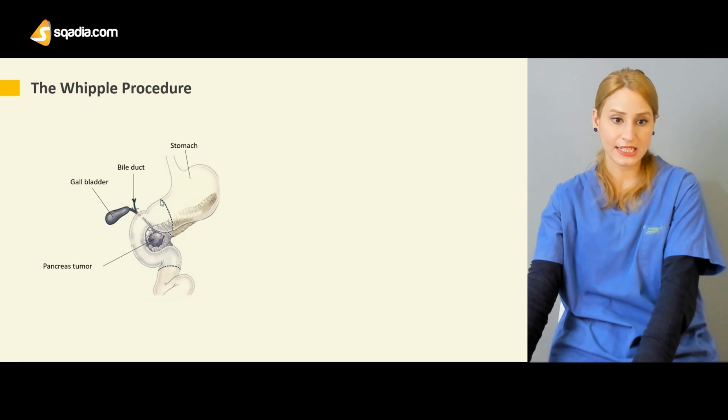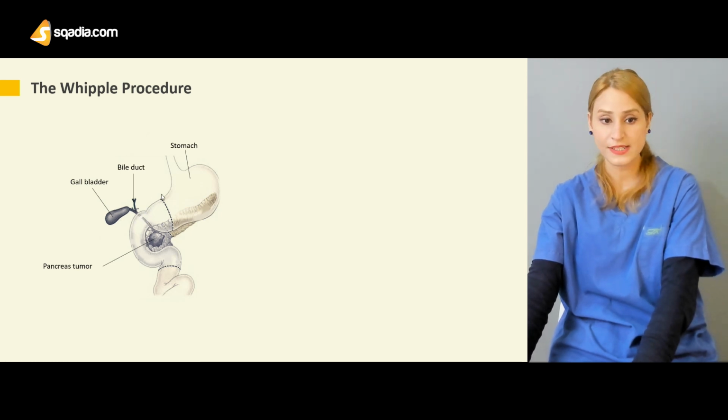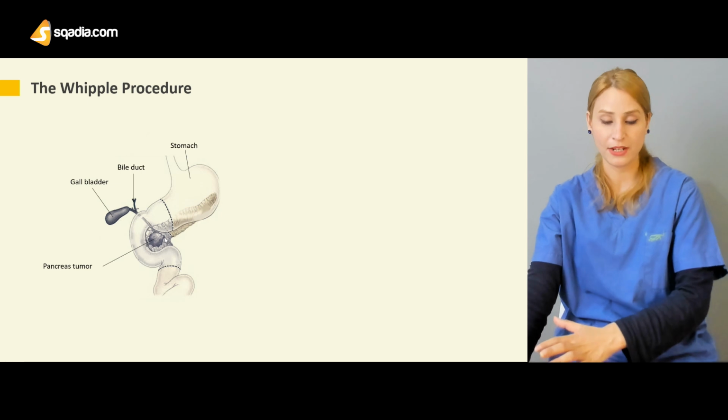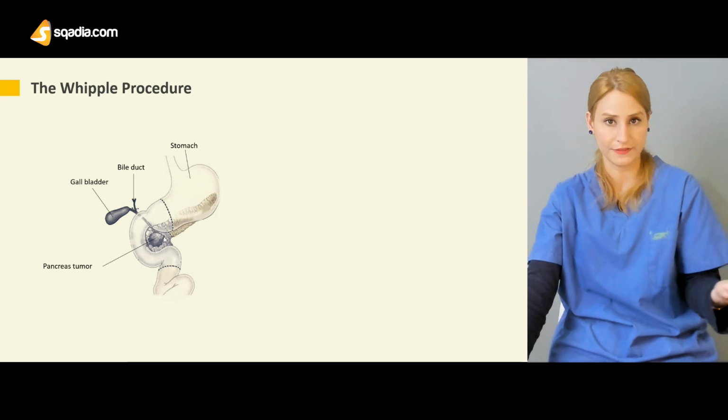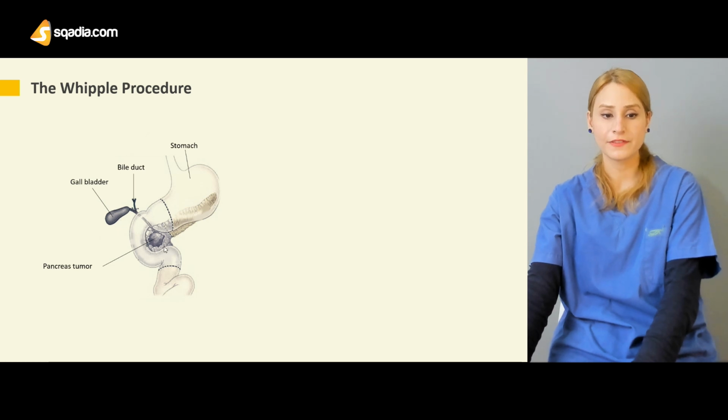So you resect the gallbladder, you do the cholecystectomy, and then you also do the resection of the pylorus, or you can say the distal part of the stomach is also removed, along with the removal of the whole head of the pancreas, the whole common bile duct, and this duodenal loop.